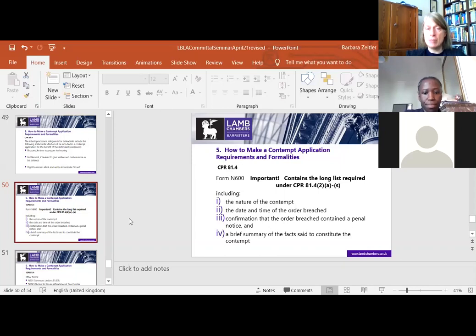Now, I think inevitably it will be very labour intensive to complete Form N600, because there's a lot of information that you have to put into the form. So I would suggest don't rush completing Form N600.